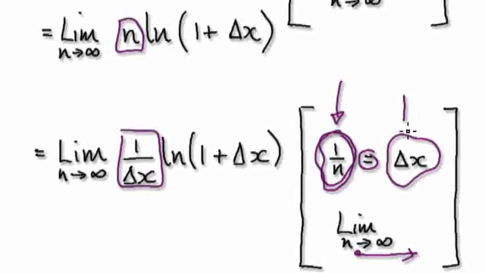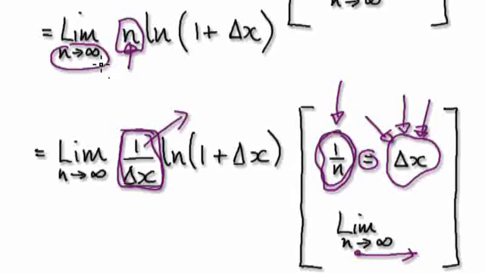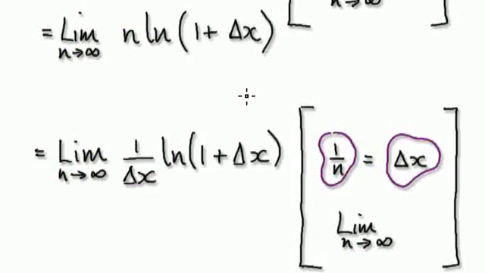Because it equals this, this will also get smaller and smaller. So if delta x gets smaller and smaller, then this whole thing here will get bigger and bigger, which is consistent with this, because as n tends to infinity, this n here will get bigger and bigger. So it's consistent.